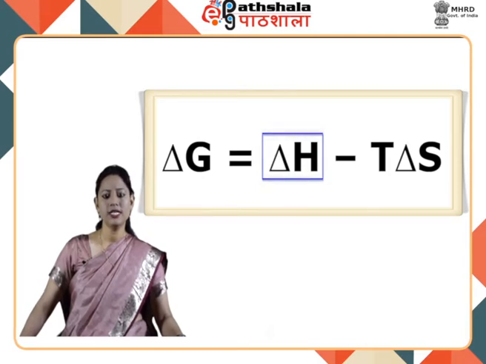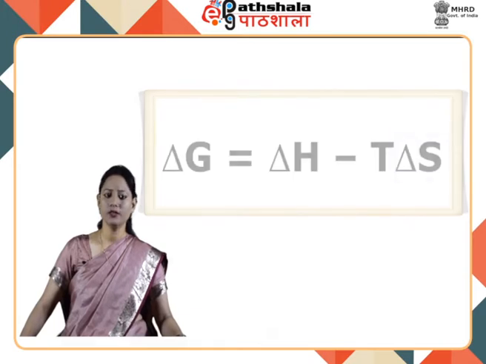Thus, delta H is a measure of the bond making and bond breaking processes that occur as reactants are converted into products. Entropy, delta S, is defined as the degree of disorder of a system.